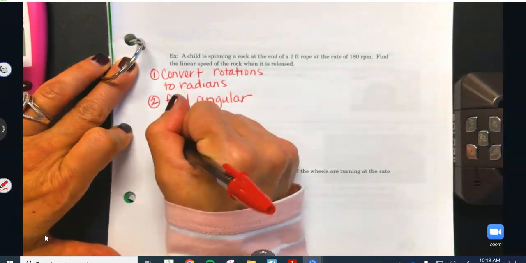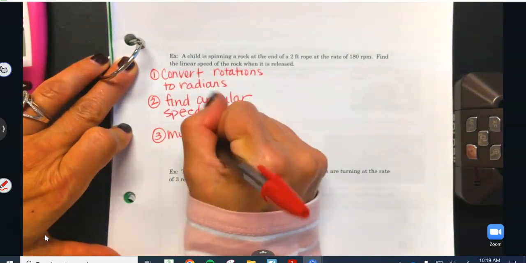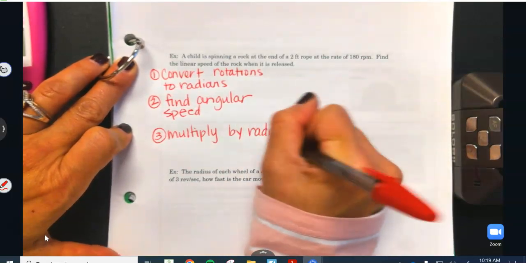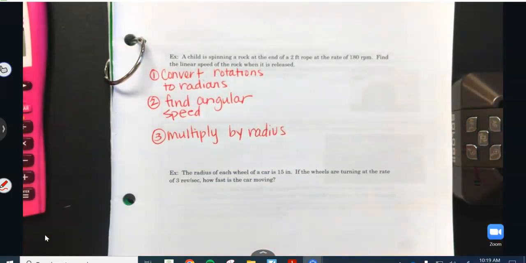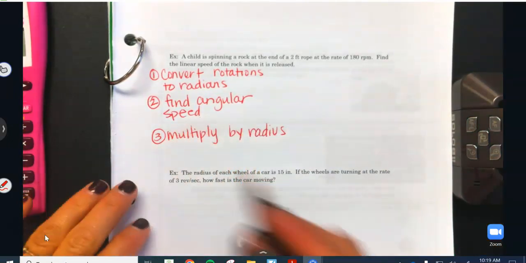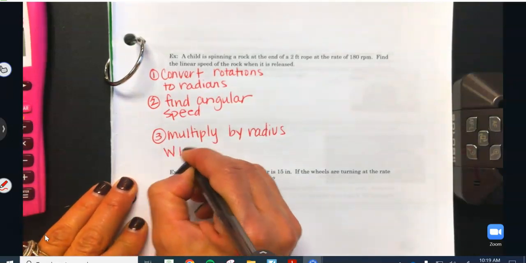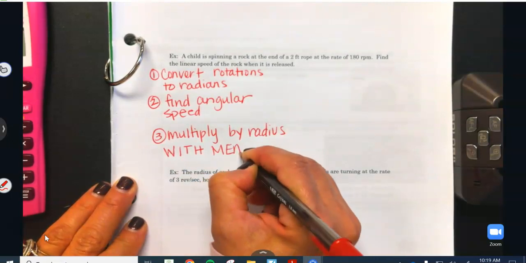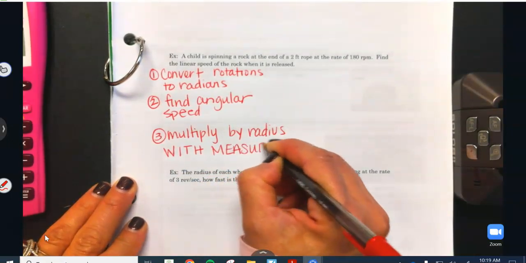Number 3, multiply by radius. And remember that paragraph that was for your reading enjoyment? That was about measurements. So multiply by radius with measure, I'll just write with measure.